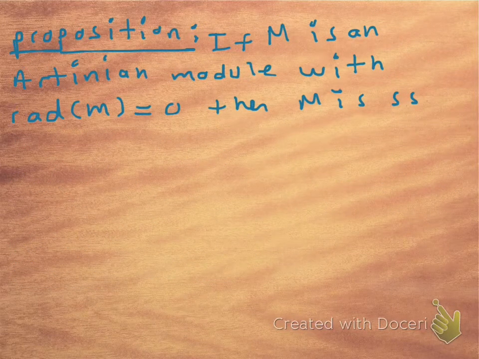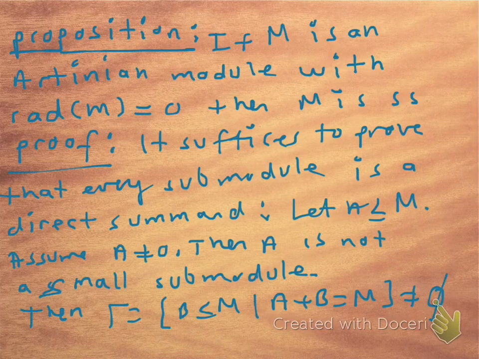So here's our proposition. If M is an Artinian module that is Jacobson semisimple, namely with 0 Jacobson radical, then M is a semisimple module. As for the proof of this, first recall the fact we established, namely that semisimplicity of a module is equivalent to every submodule being a direct summand.